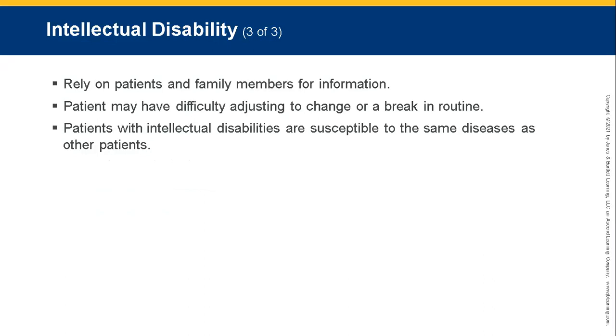So these patients are well informed regarding their condition if they can communicate and give you information regarding their disability. That will be valuable info. And family members will also be able to guide you, especially if they have been around them for an extended period of time. Patient may have difficulty adjusting to change or a break in routine. Patients with intellectual disabilities are susceptible to the same diseases as other patients.